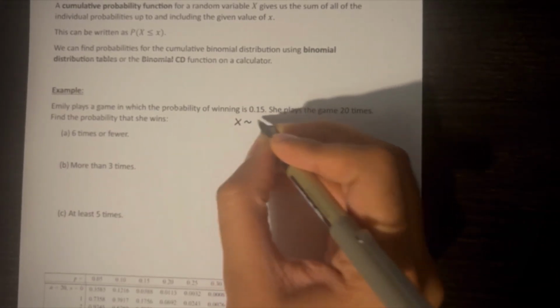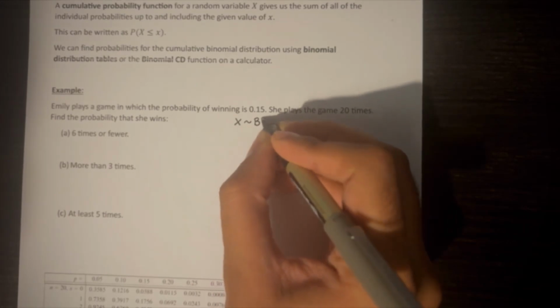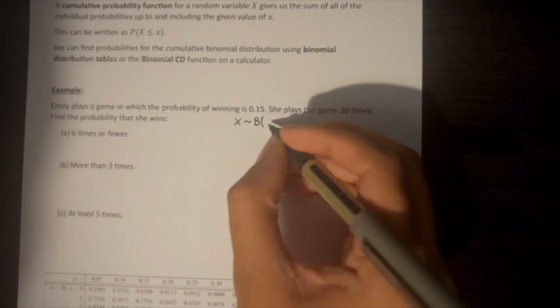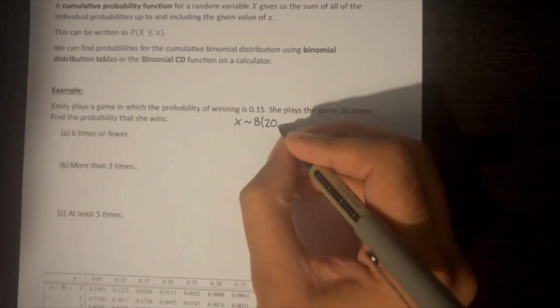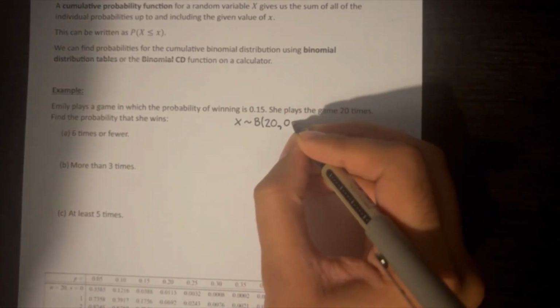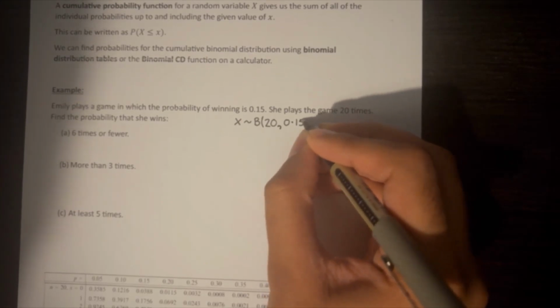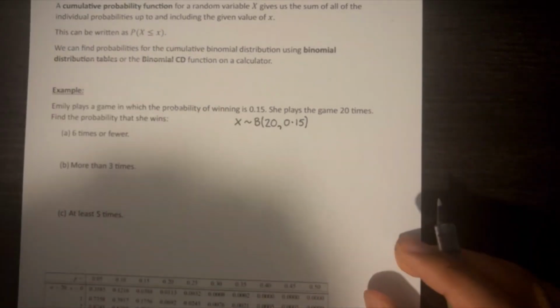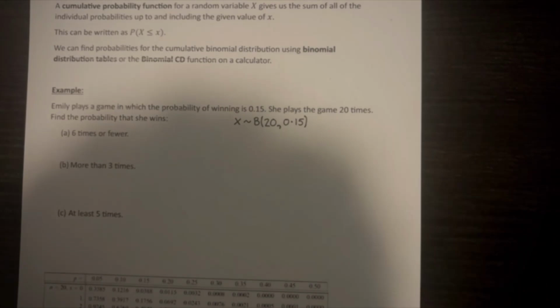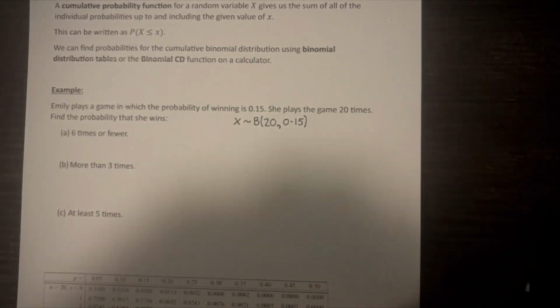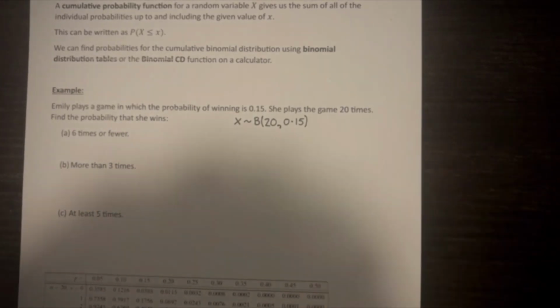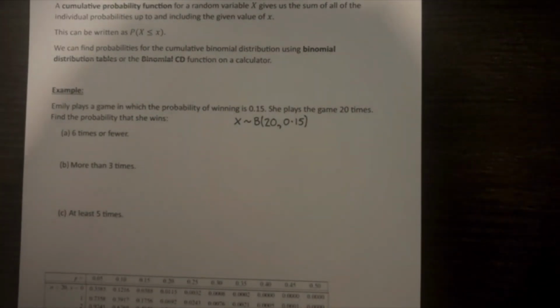So x follows a binomial distribution where the number of trials is 20 and the probability of success is 0.15.